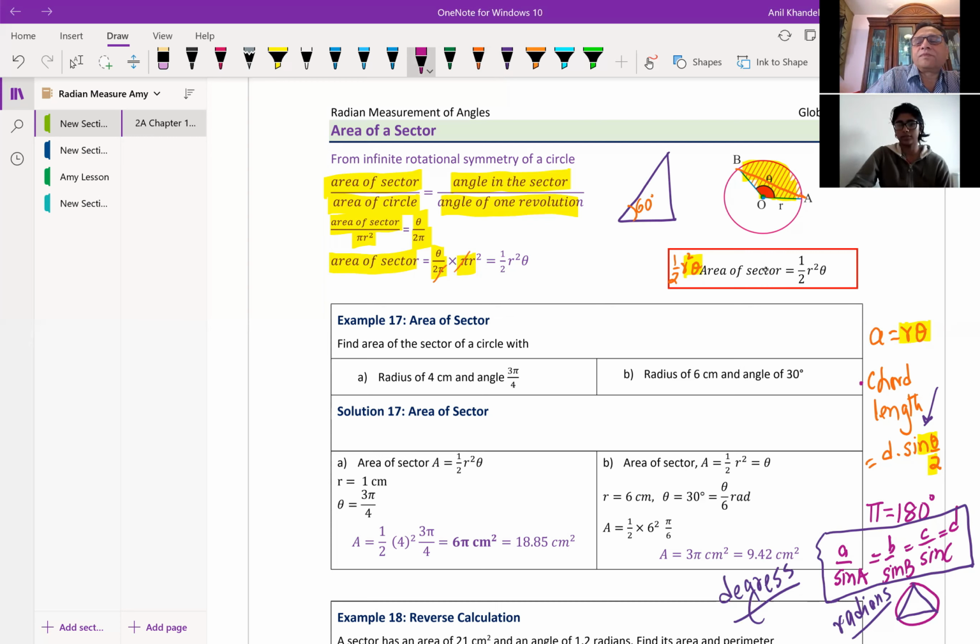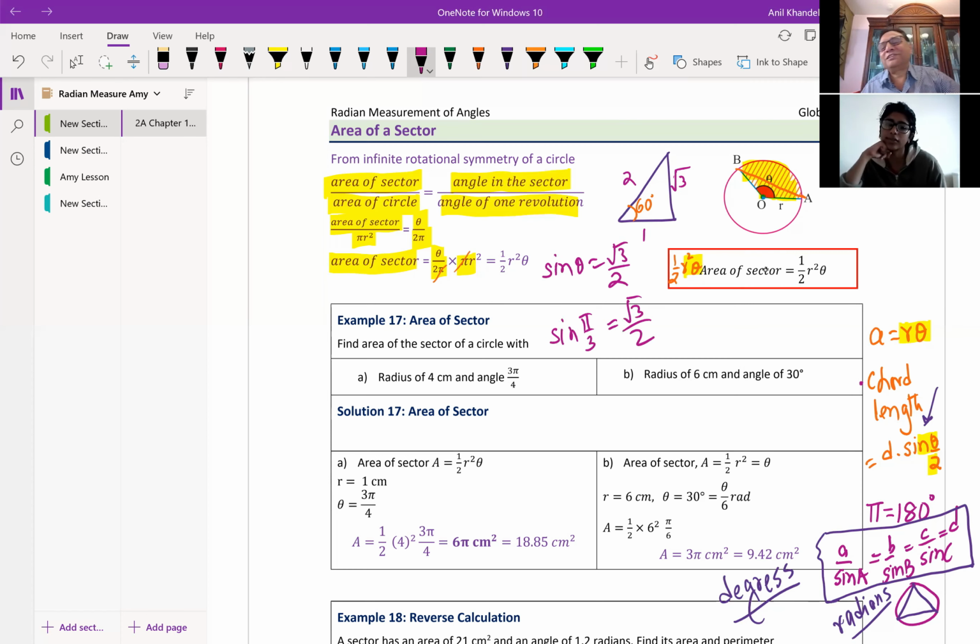So if your angle is 60 degrees, sine theta is square root 3 over 2. If you have pi by 3 instead of 60, sine pi by 3 will also give you square root 3 over 2. Do you get the idea?